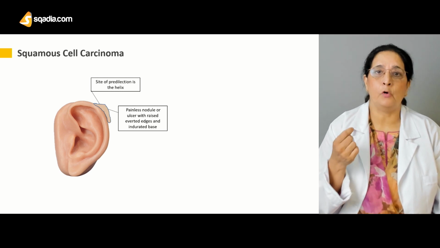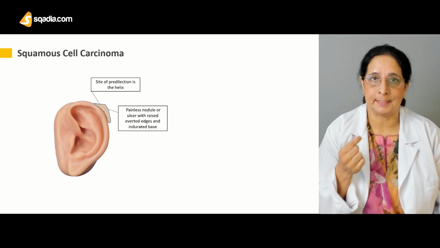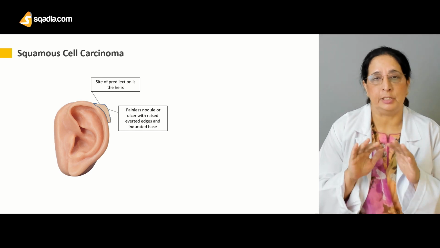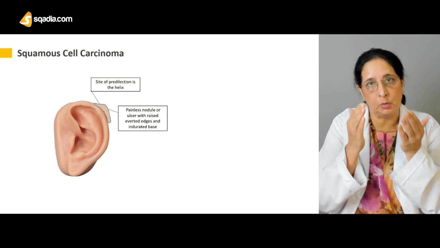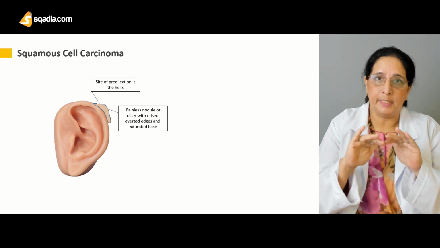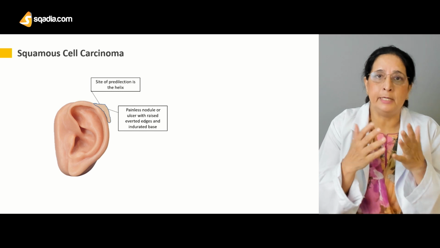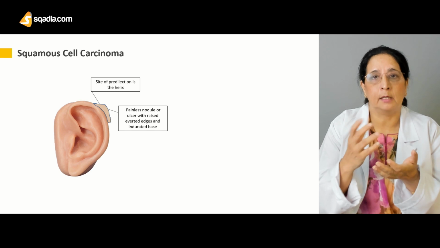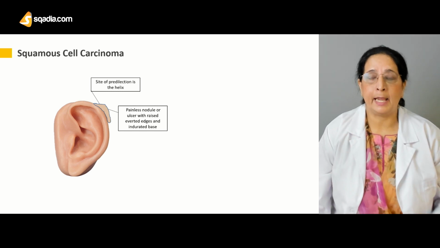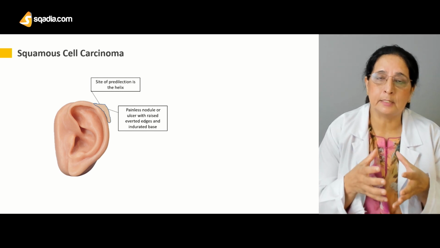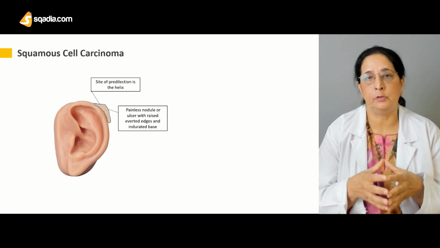It can be in the form of a nodule or ulcer, and it has raised everted edges. Everted means the edges of the ulcer go outward, while inverted means the edges go inward. It also has an indurated base. These are some characteristics of squamous cell carcinoma.